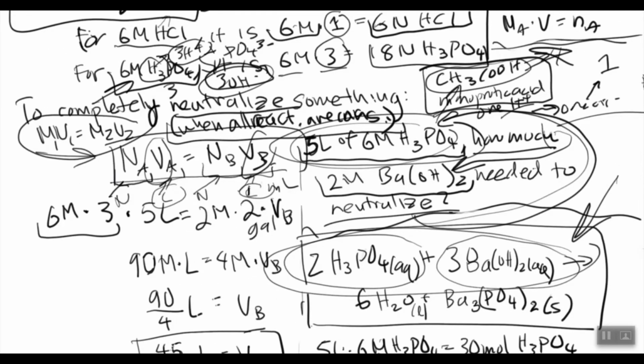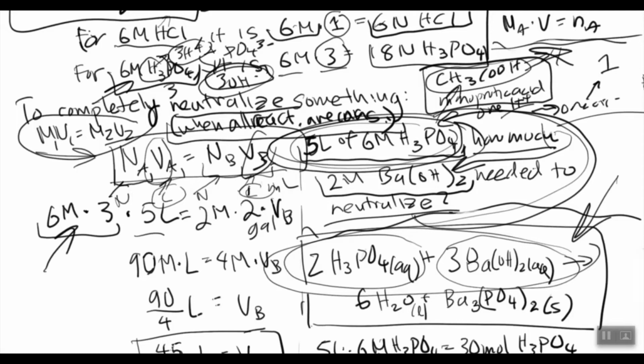The normality of A, well, A is our acid. The normality of this acid is 6 molar of H3PO4 times 3 equivalences to get 18N, and we have 5 liters of it. We set it equal to the normality of the base.